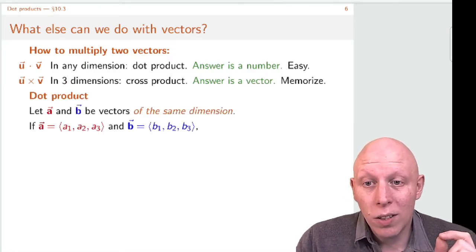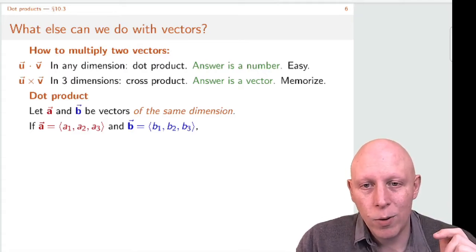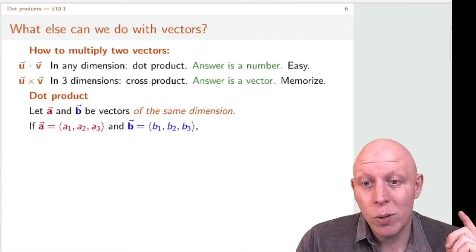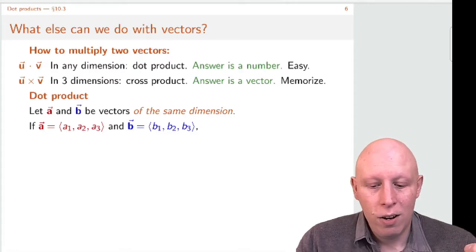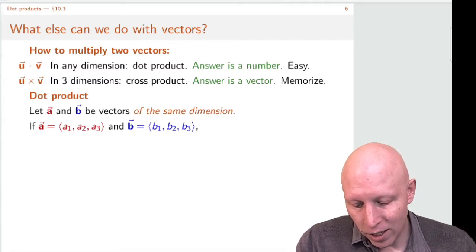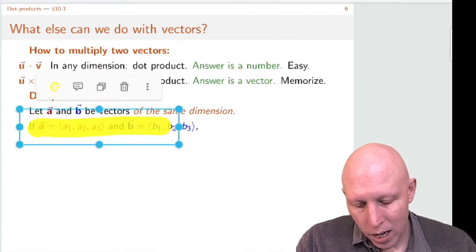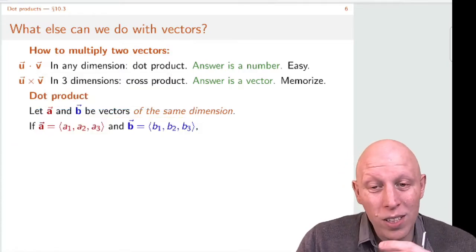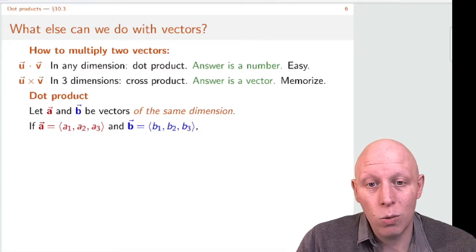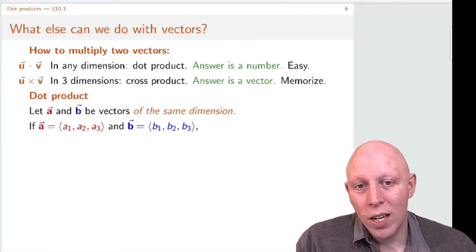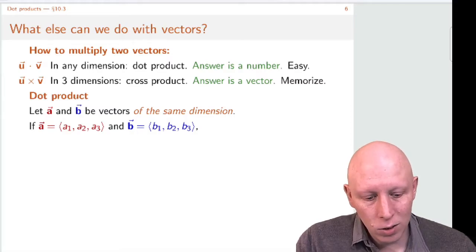So let's first talk about the dot product. Let's say we have two vectors, vector A and vector B. They're in the same dimension. They have the same number of coordinates. In that case, we can multiply the two vectors using the dot product.